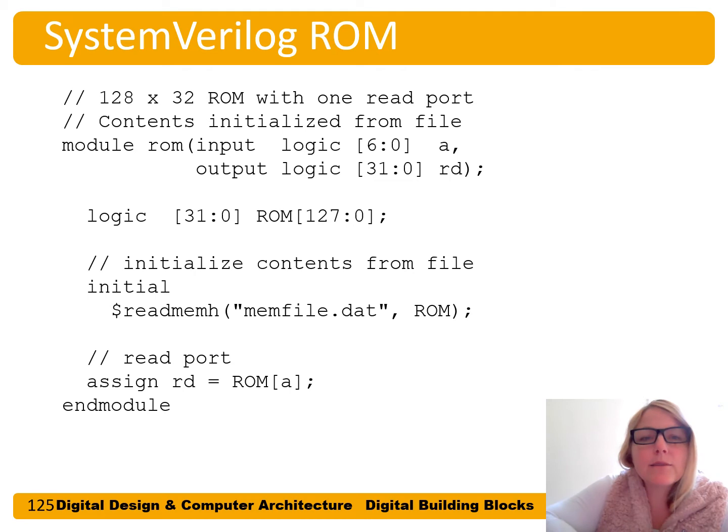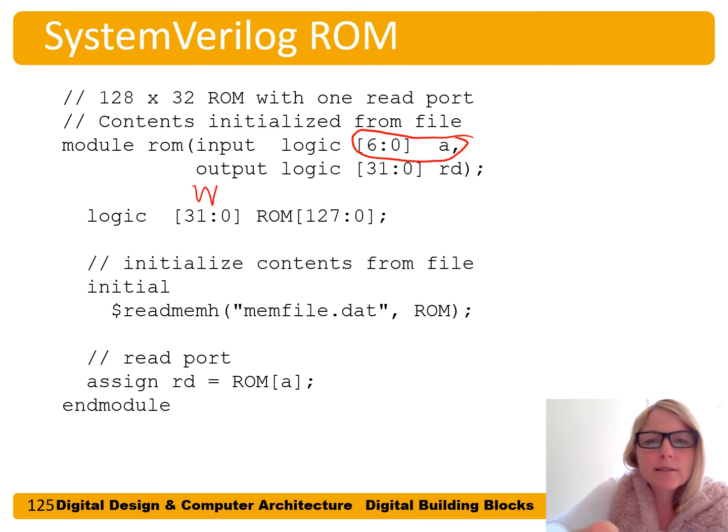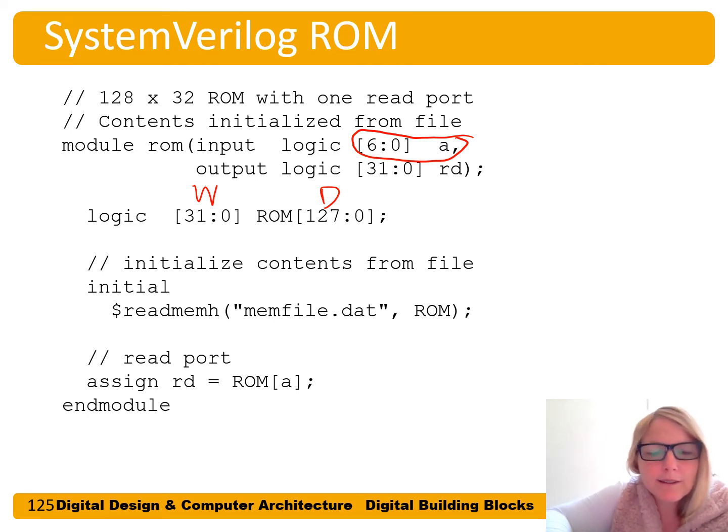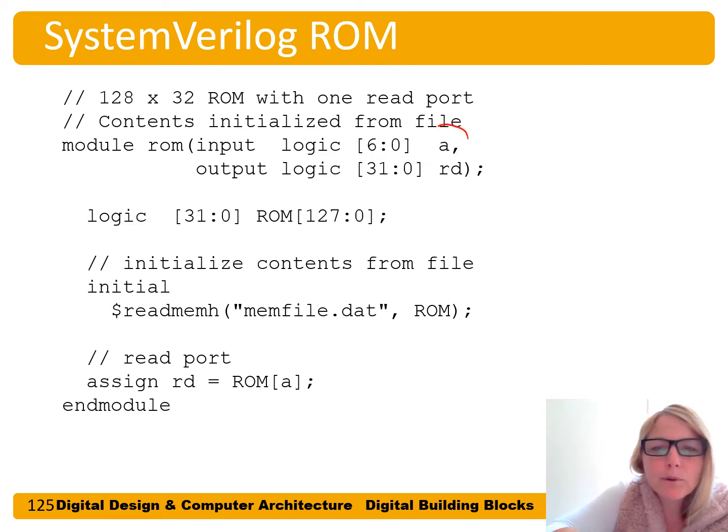So here's a SystemVerilog ROM array. It's 128 by 32 bits, so its width is 32 bits, that's the word size, and it has 7 bits of address. So 128 is the depth, or 2 to the 7. You'll notice that this only has a single input and a single output: the address input and read data, RD, as the output.